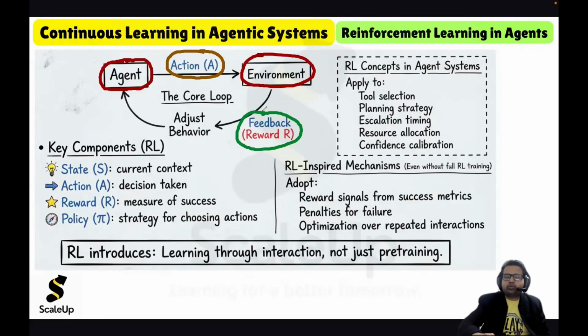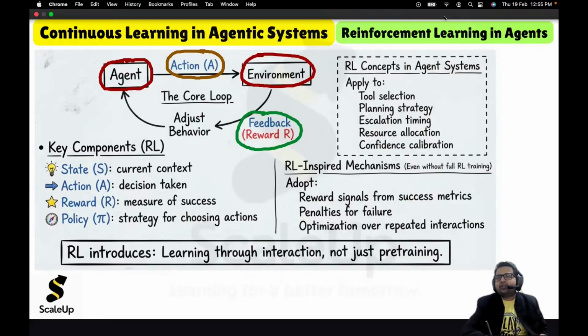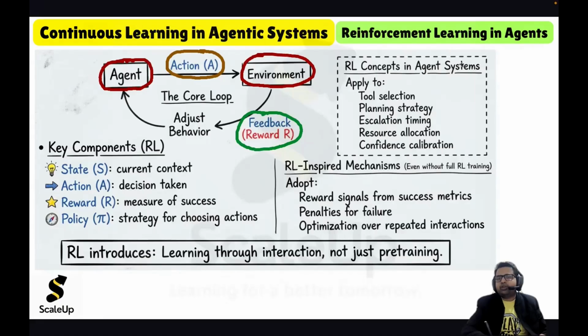The agent did some action in the environment, there was some outcome, some changes in the environment, and the agent received feedback from the environment. That feedback can be positive or negative, and based on the feedback, the agent will adjust its behavior.